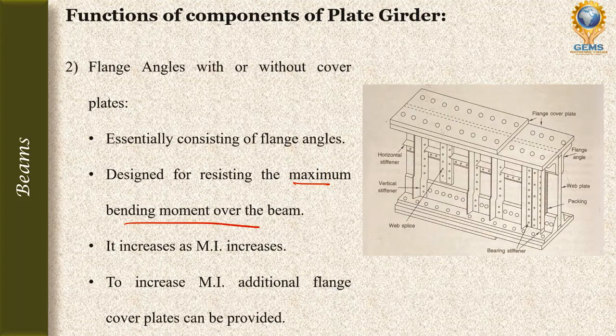The resistance to bending moment increases as the moment of inertia increases. To increase the moment of inertia, additional flange cover plates can be provided. So this is the function of the flange angle.